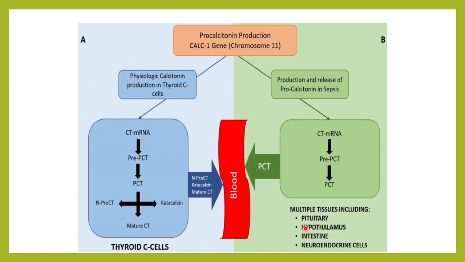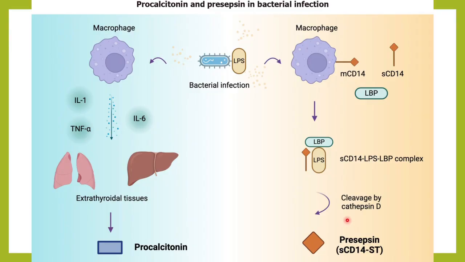All these can produce procalcitonin and its level will rise. You can see here a bacterial infection. This is a macrophage. There are interleukin 1, interleukin 6, tumor necrosis factor alpha. So your lungs and your liver start producing this procalcitonin.